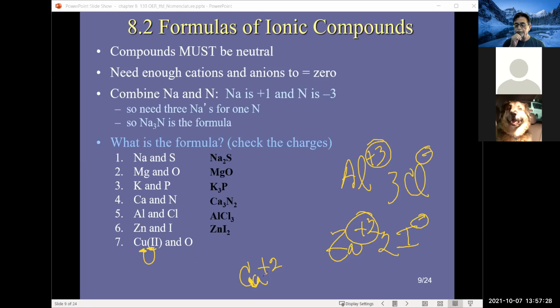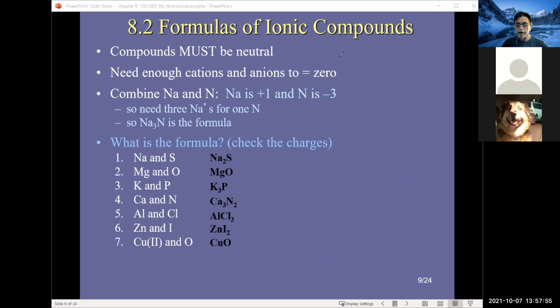You have to be told that. We know oxygen is in group 6, just like sulfide, and it will have a -2 as an anion, and its name is oxide. So now we have copper to write the formula. It's a straightforward 1-to-1 because they both have the same equal amount of charges.